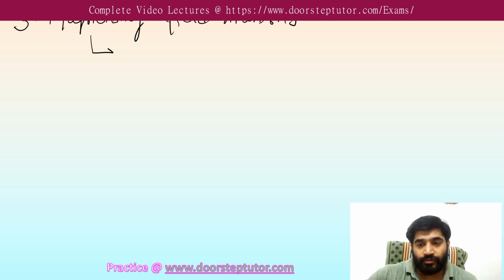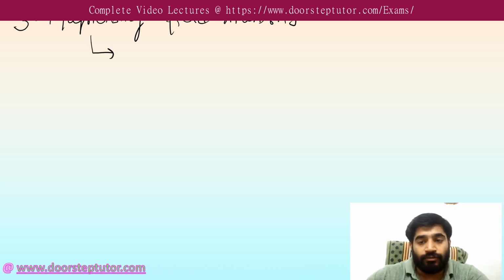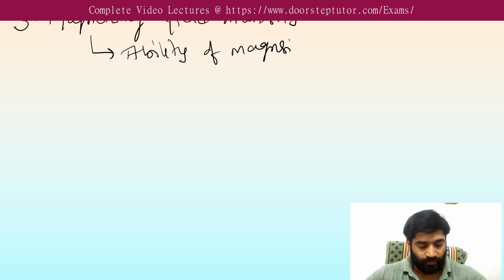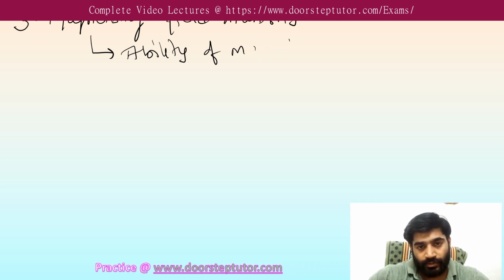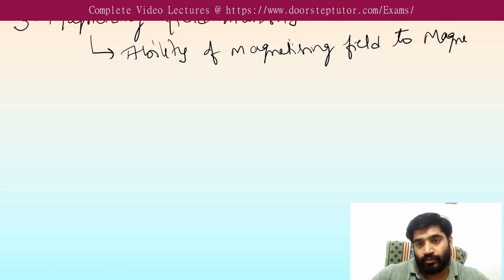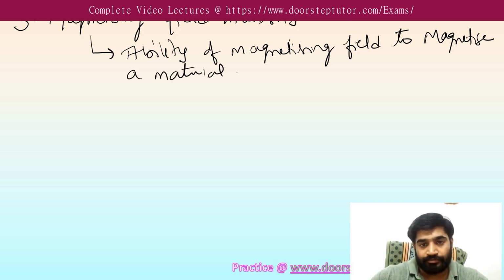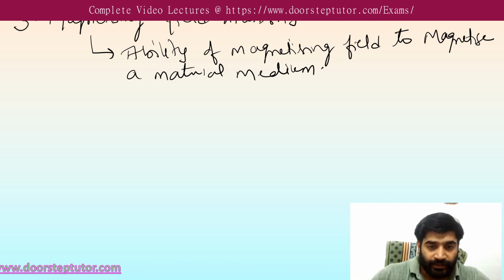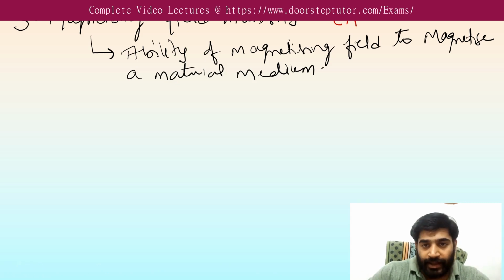Simply, the ability of the magnetizing field to magnetize a material medium is what we call the magnetizing field intensity, which is denoted by the H vector.